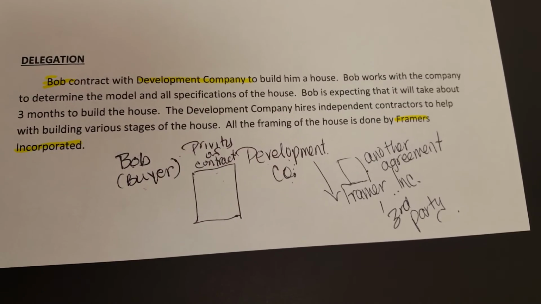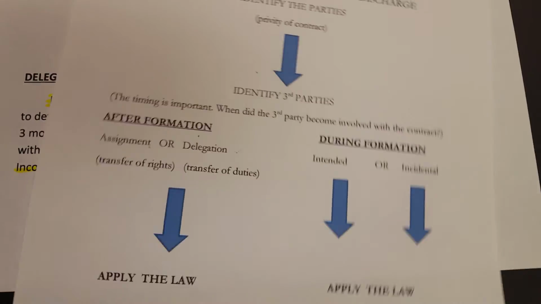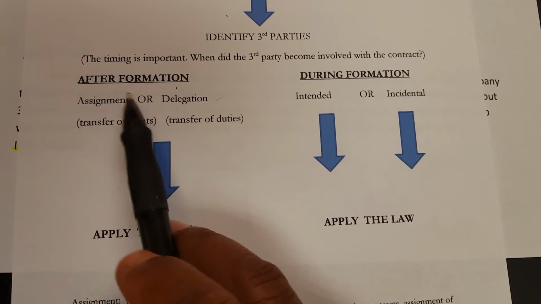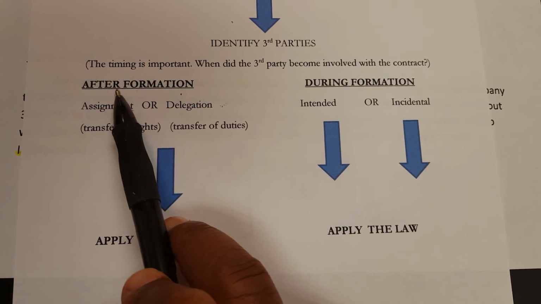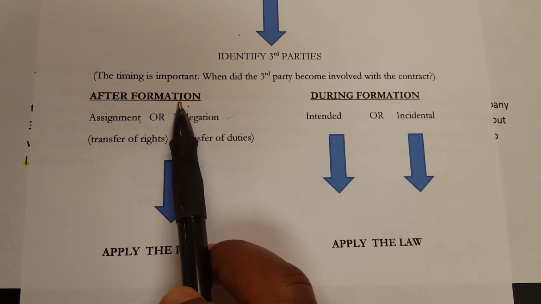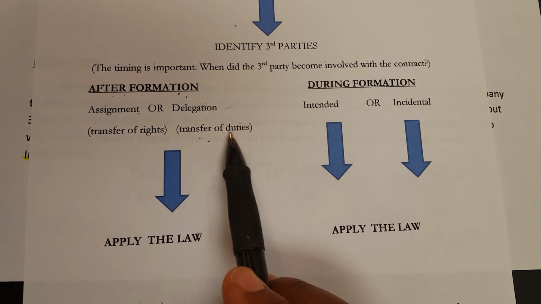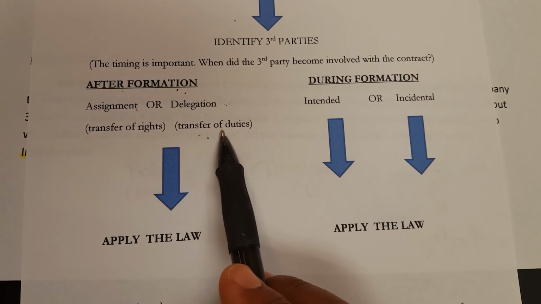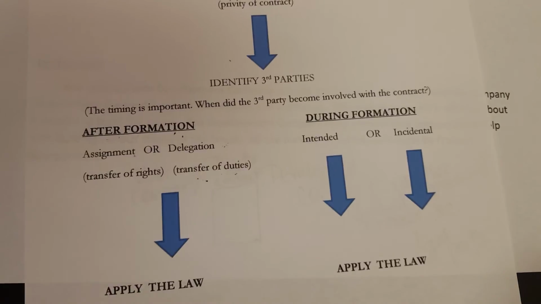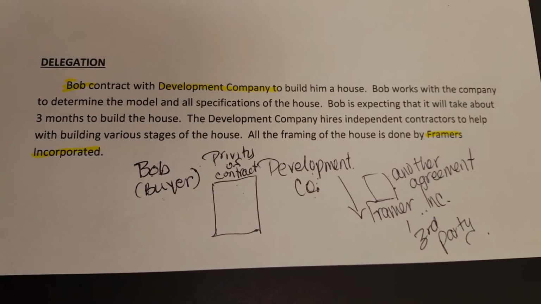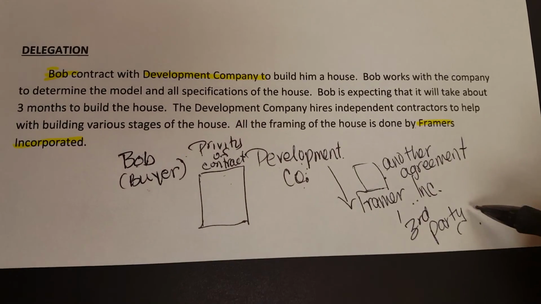So if you go back to your chart, you see that you're on this side. So it's after formation. And here we're looking at a transfer of duties. So this is the transfer of duties to perform, which is part of building the house. And that is a delegation.